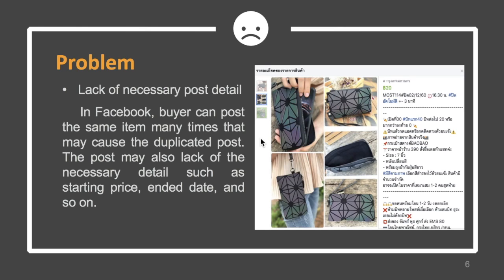In Facebook, a seller can post the same item many times, which may cause duplicated posts. Moreover, there is no one to revise the item detail before posting. It is also considered an inconsistency because the post may lack necessary details such as starting price, end date, and so on.